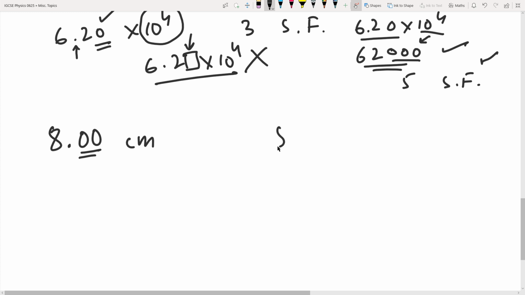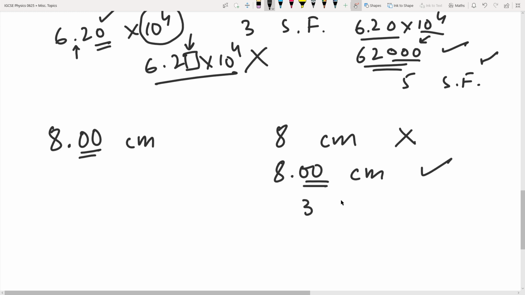If you simply write your answer as 8 centimeter, I'm not going to consider this as accurate. I think Cambridge also enforces this rule that you need to write three significant figures nonetheless. So I'm just going to add these two zeros, even though it's a whole number, and since it's a whole number, I can easily write these zeros without having any error in my reading, and that would be right.